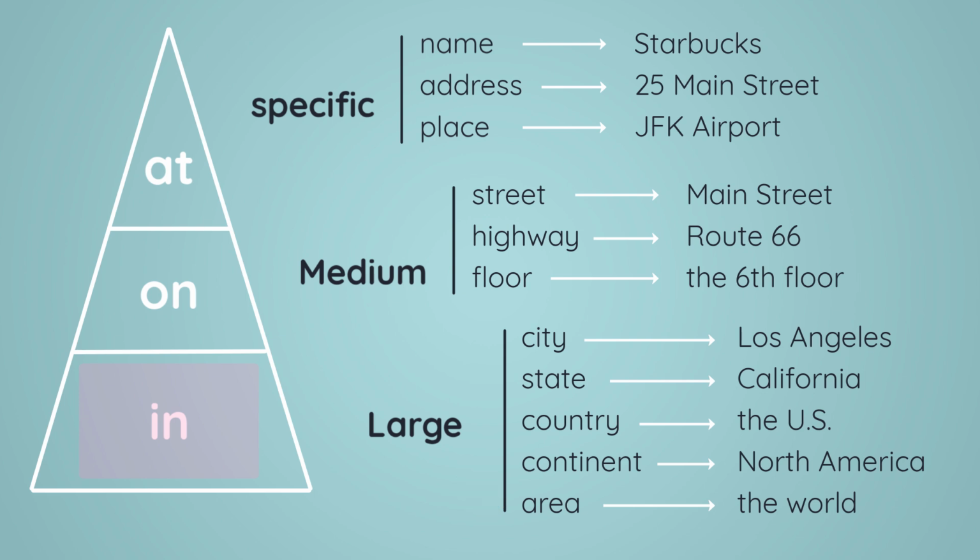For example, we could say, he lives in Los Angeles. She lives in California. They live in the US, in North America, in the world. So what do we see here? That in is the broadest. It's the widest. And then on is a little bit less. And at is very specific.